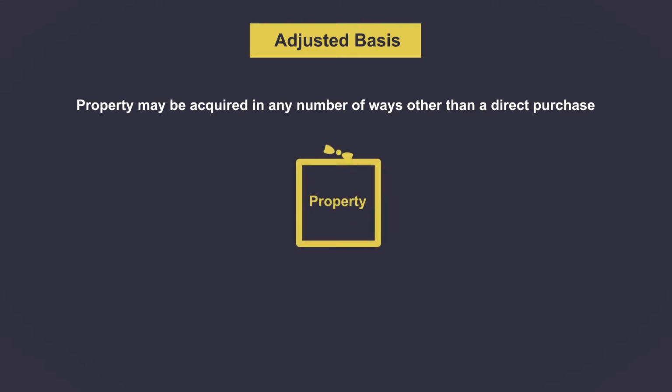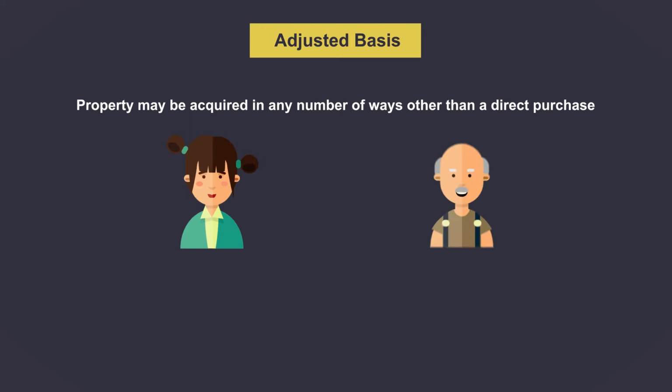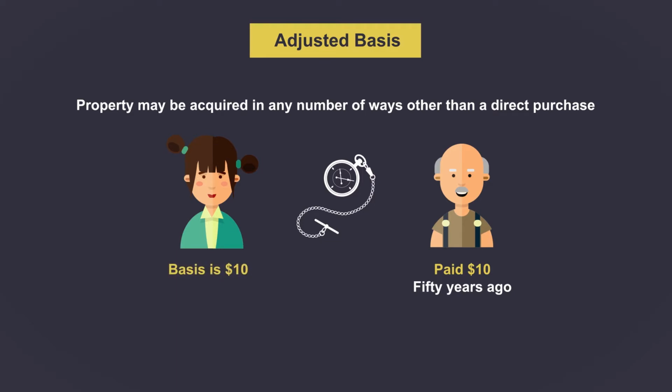If property is acquired by gift, then the donor's adjusted basis carries over to the donee. Thus, if a taxpayer's grandfather gives her a pocket watch that the grandfather purchased for $10 50 years earlier, then the taxpayer's basis in the watch is $10, even if it's worth far more than that at the time of the gift.